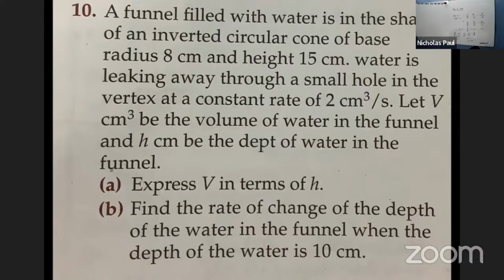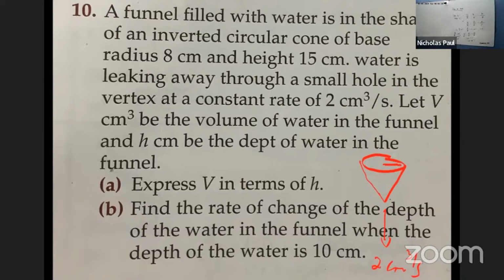How are we drawing that in the first place? Same thing as before, right? You have a cone, right? Put in the radius. Water going in. Oh, sorry, it's not leaking, the water is coming out. Water coming out at 2 centimeters cubed per second. The radius is 8.